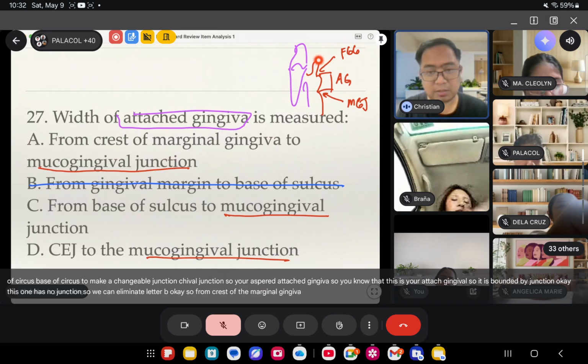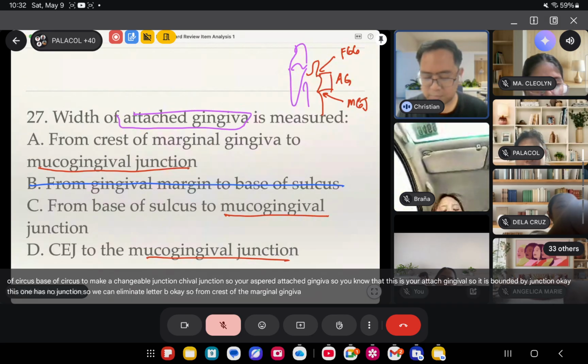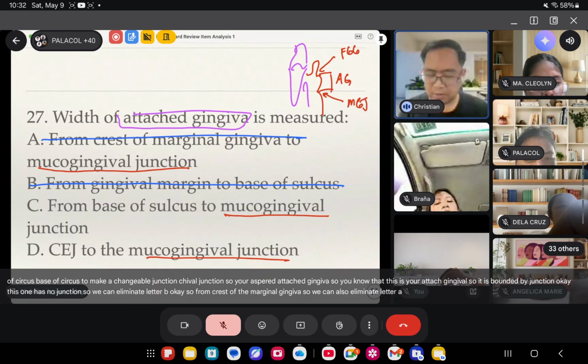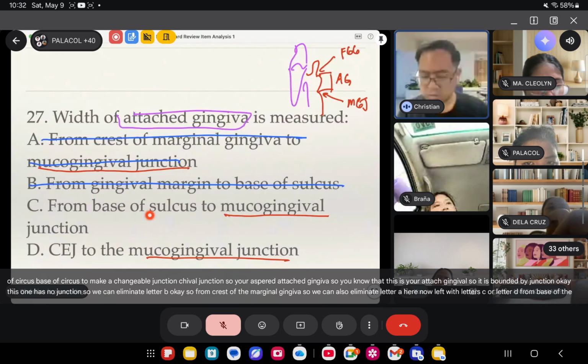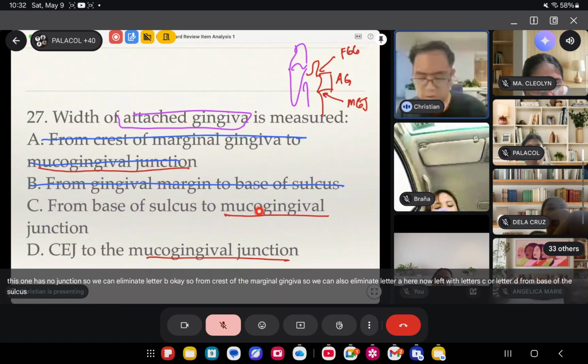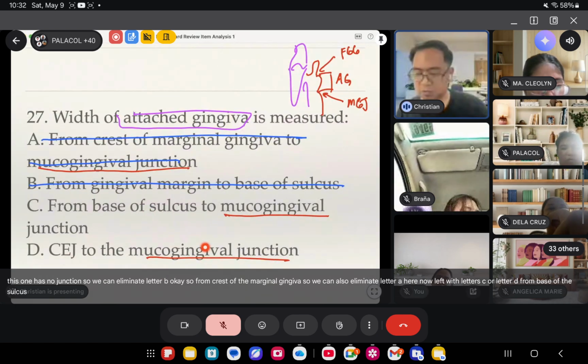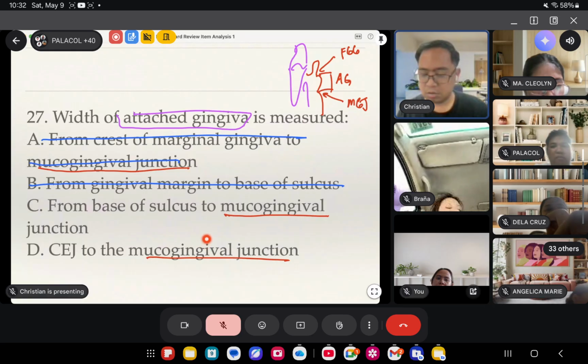No, so we can also eliminate letter A. You're left with letter C or letter D. From base of the sulcus to mucogingival junction, or CEJ to mucogingival junction.